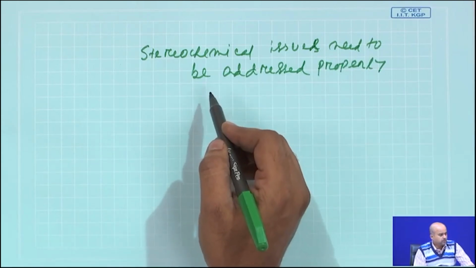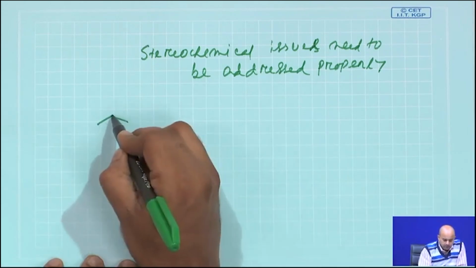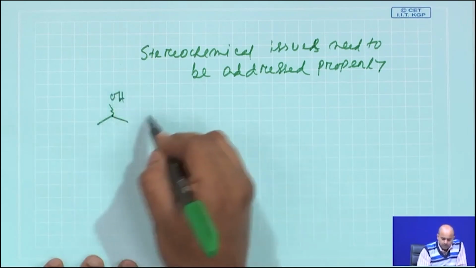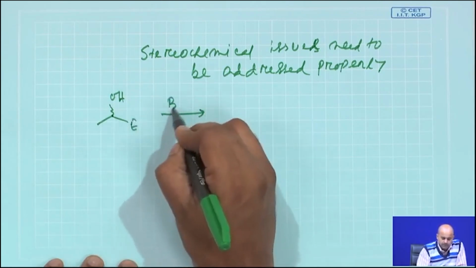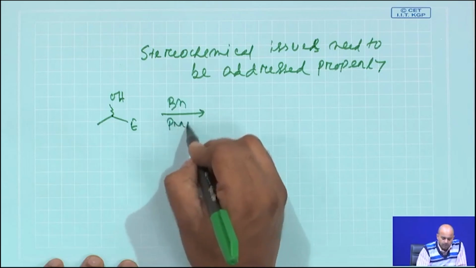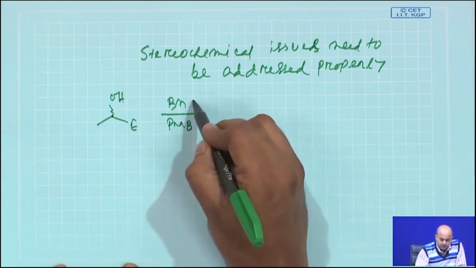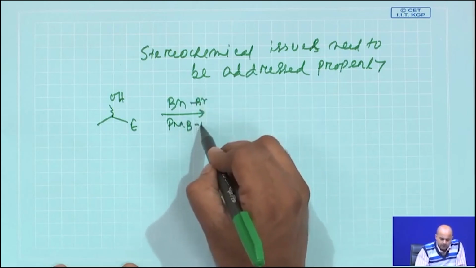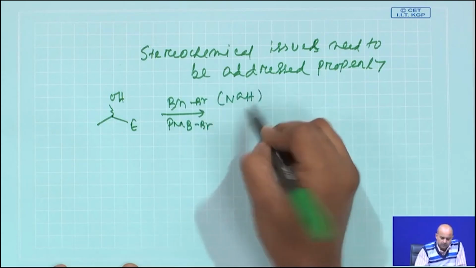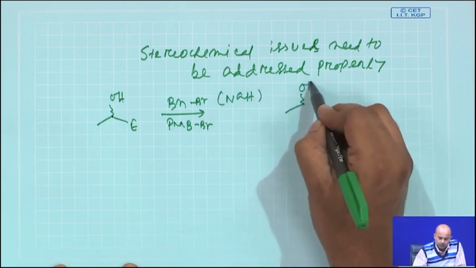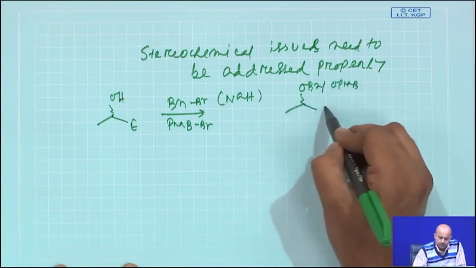Earlier we talked about how, if you have a free hydroxy group, you can immediately protect it as its benzyl or PMB ether very easily. You just treat this compound with benzyl bromide or PMB bromide and a base, sodium hydride, and you immediately get the O-benzyl or O-PMB, which is a very good protecting method.